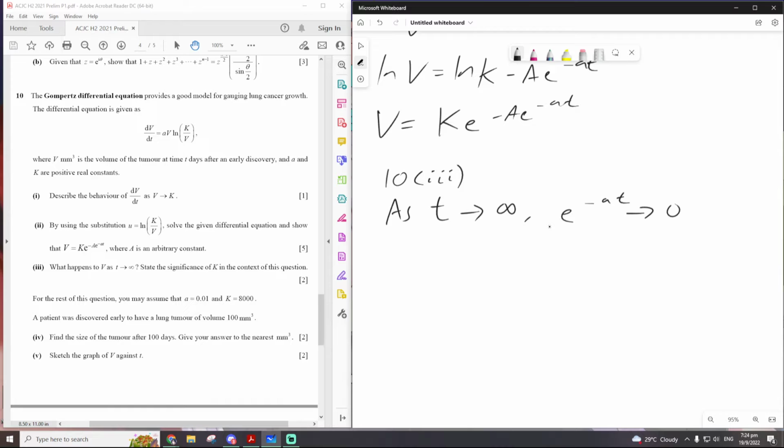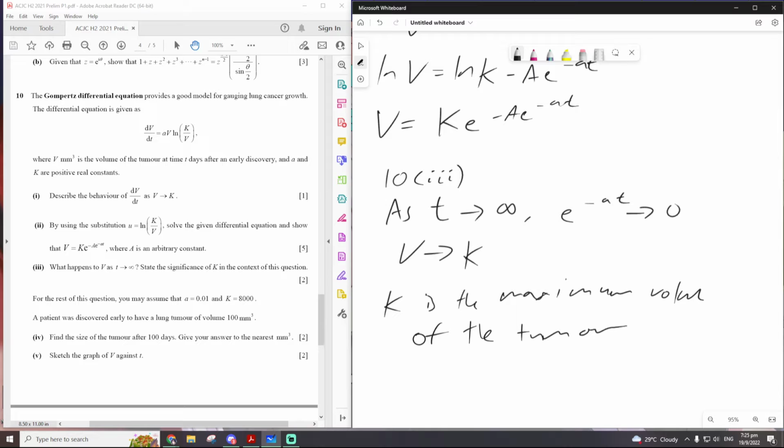So you will get e to the power 0, everything is going to be 0, so v tends to k itself. Okay? So what is k? Well, I say carrying capacity, but it's not population growth, it's more of a lung cancer growth. So we can say that this is the maximum volume of the tumor.